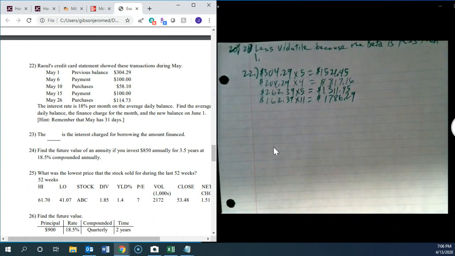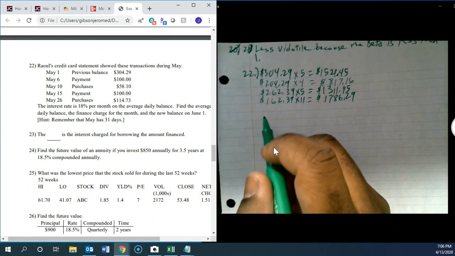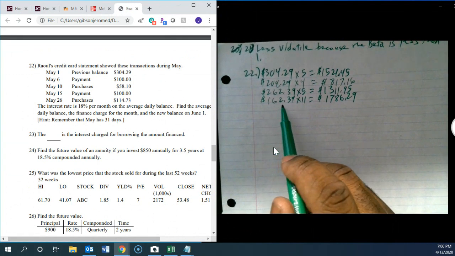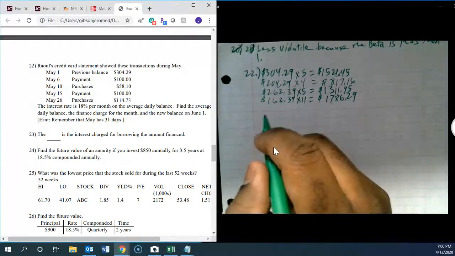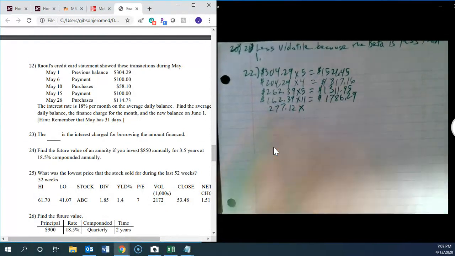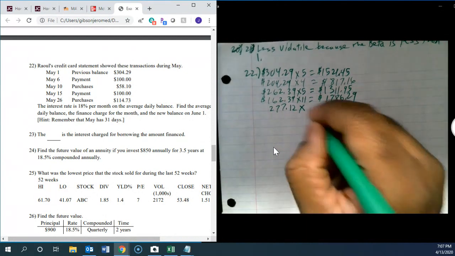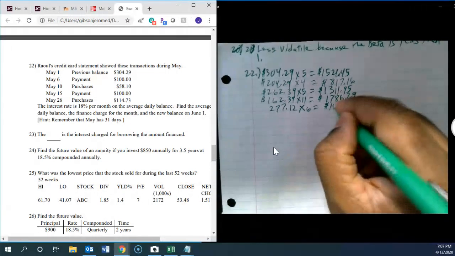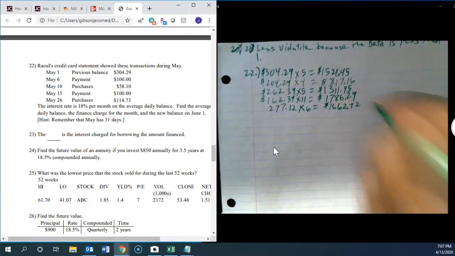Now, we will go to the last value here, which said we made a purchase of $114.73. We will add that to the 162.39, and that will give us $277.12. And we'll multiply this by, it's from May 26th to the 31st. So that will be 6 days. And that will give us $1,662.72.